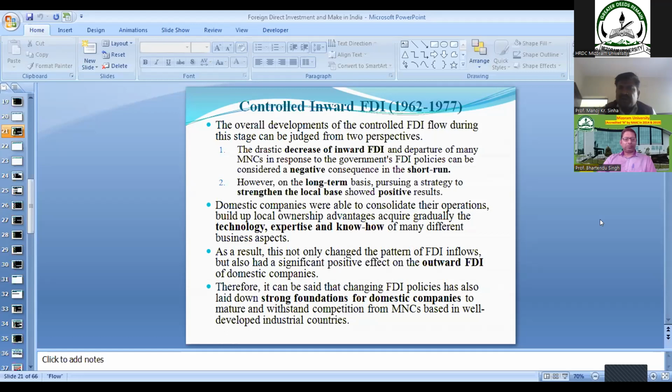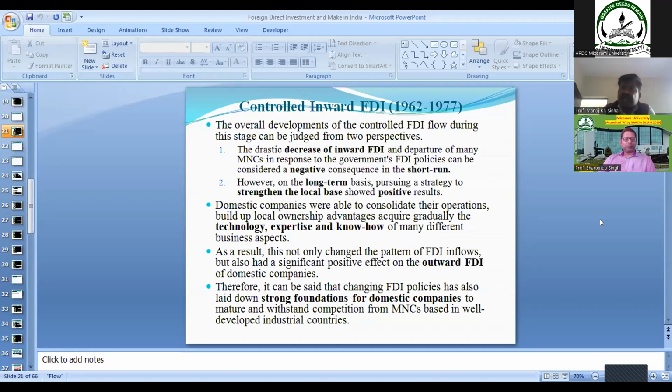Overall development of controlled FDI flow during this stage can be judged from two angles. First, a drastic decrease of inward FDI during this period, and many multinational companies ceased their operations in India.